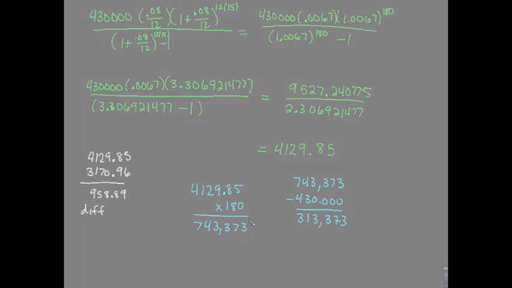Instead of turning your $400,000 home into a $1.1 million home, you're turning your $400,000 home into a $700,000 home.